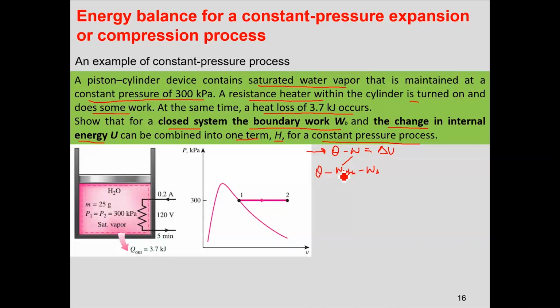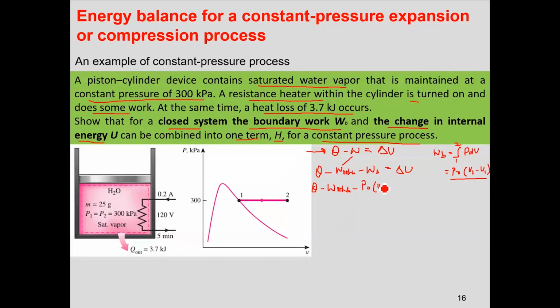For boundary work, the expression is integral 1 to 2 PdV. For a constant pressure process, we can represent PdV as P naught into V2 minus V1. So we can write Q minus W other minus the boundary work is essentially equal to delta U.